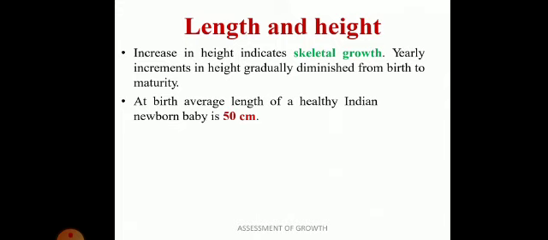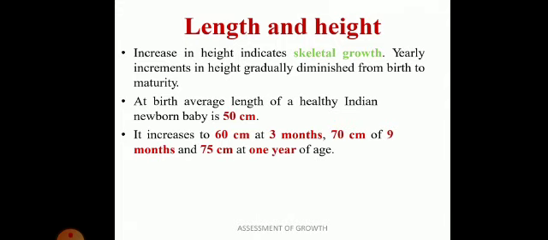Again, from country to country it will be different. Now height will be 60 centimeter by the age of 3 months, 70 centimeter by the age of 9 months, but how I remember it: at the age of 1 year it should be 1.5 times. Clear? So if the birth length is 50 centimeter, it will be 1.5 times at the age of 1 year.